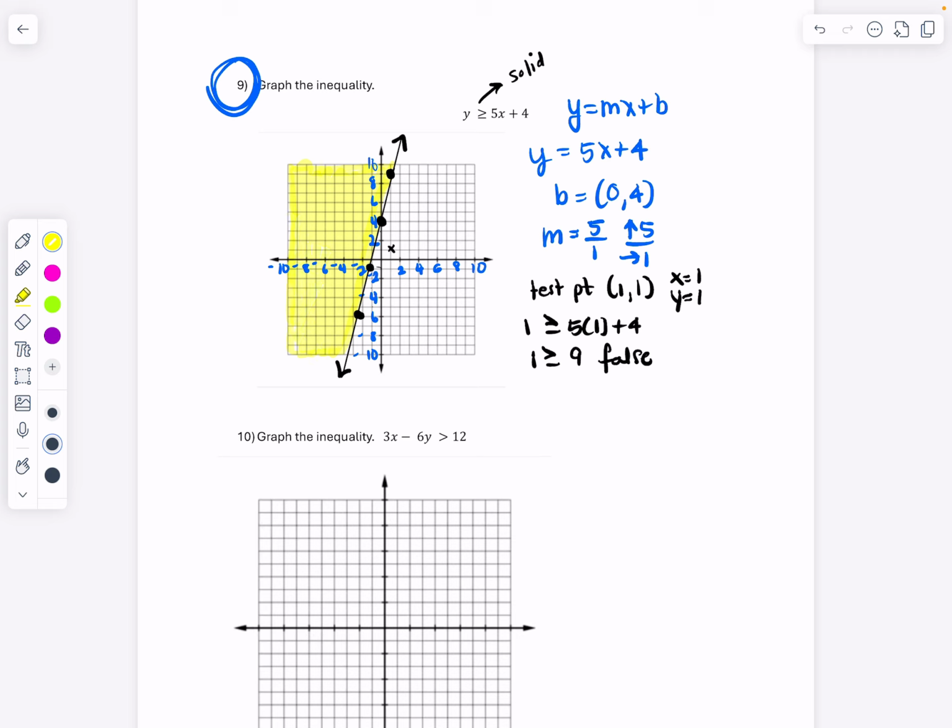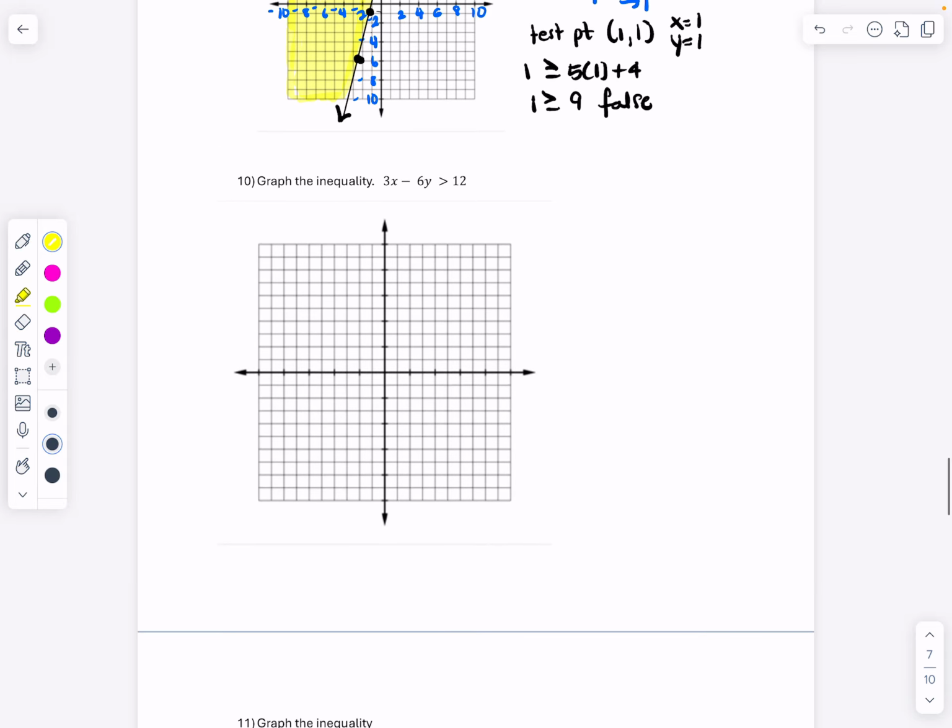All right, so let's go ahead and do number 10. Graph the inequality. This time around, I'm not as fortunate because I'm not in y equals mx plus b form. So the first thing I need to do is move this to y equals mx plus b. I'm going to get y by itself. First I move the 3x over to the other side.